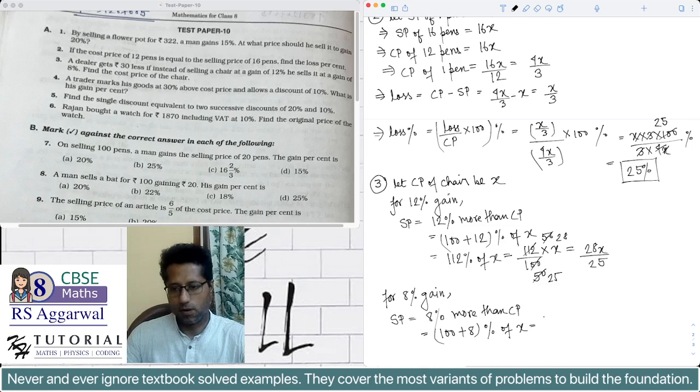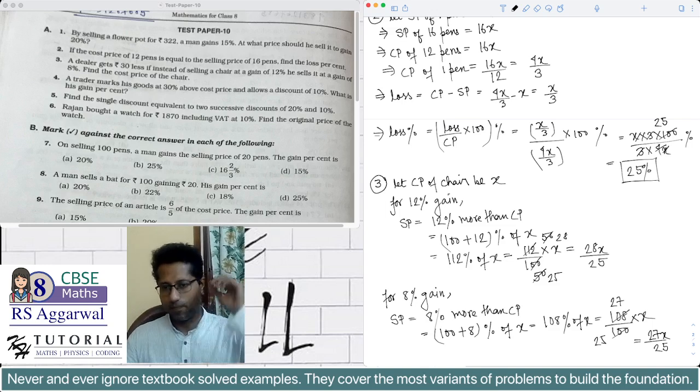This is equal to 108% of x. This is equal to 108 divided by 100 multiplied by x. After simplification, 4 divides 108 with 27 and 100 with 25. So this is 27x by 25.